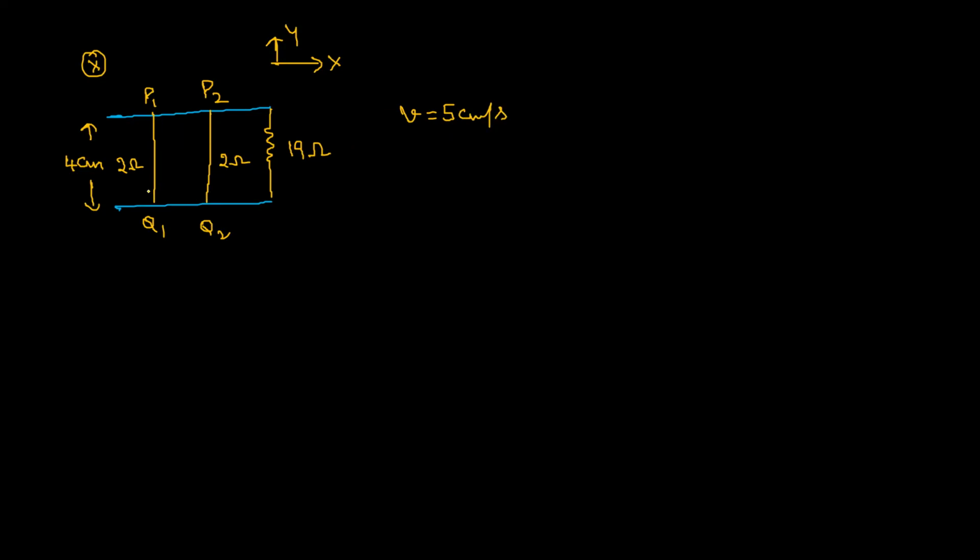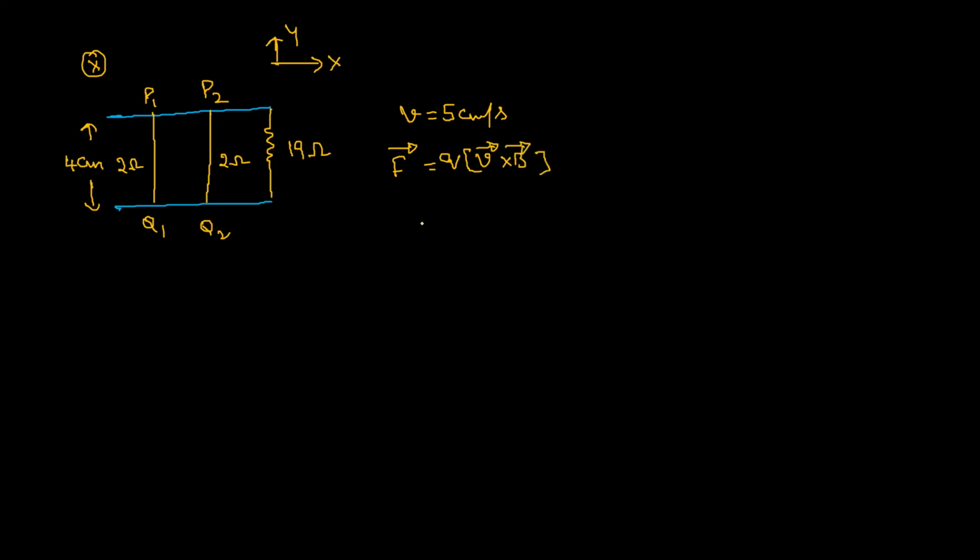Right side. So when they are moving right side, see how we can replace these moving bars. So first I'm deciding which end is at high potential, like is it P1 or Q1? First I'm taking here F bar equal to, again, q into V bar cross B bar.